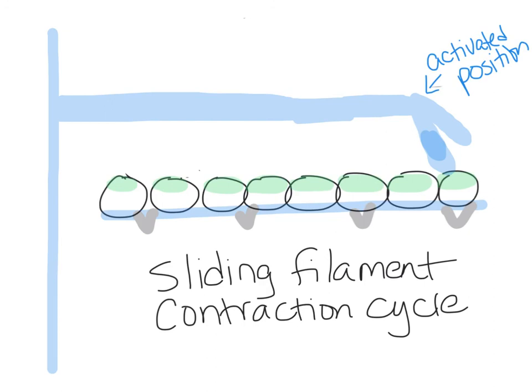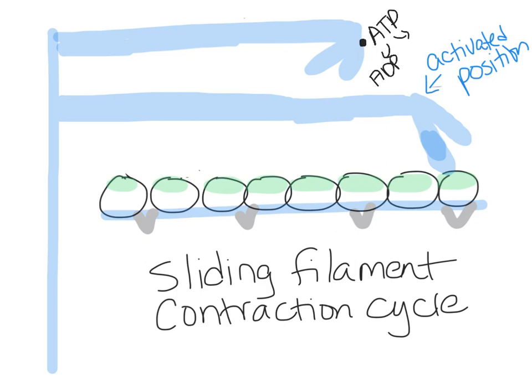So if you remember, this is the myosin molecule, and this is where the heads are already sprung, right? After that happened, an ATP molecule is already bound there. The ATP molecule has to split. And it splits into an ADP and a phosphate.